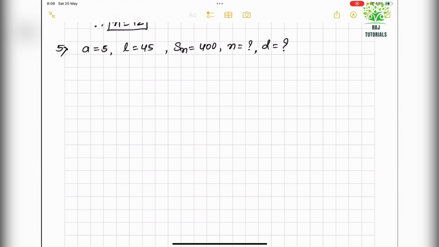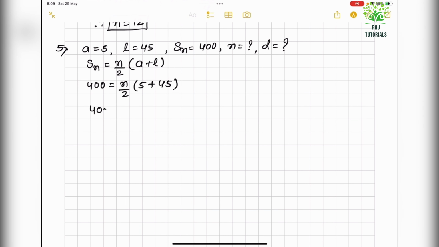Here I am given the first term of an AP is 5, the last term is 45 and the sum is 400. Find the number of terms and the common difference. So A equal to 5, L equal to 45 and Sn is given. So we know that Sn equal to n by 2 into A plus L. So 400 equal to n by 2 into 5 plus 45.